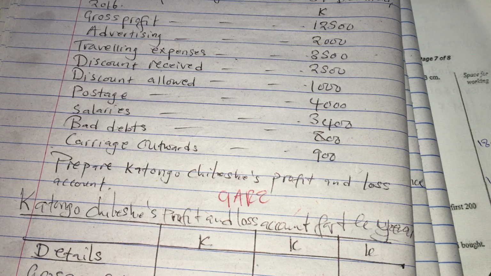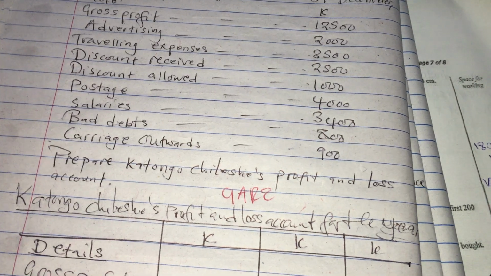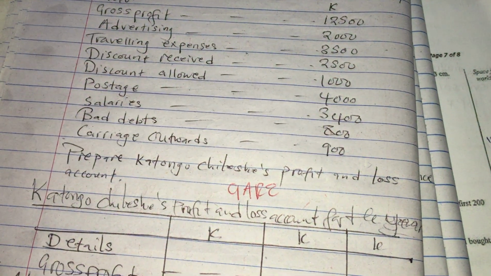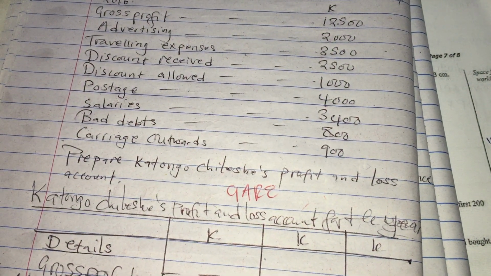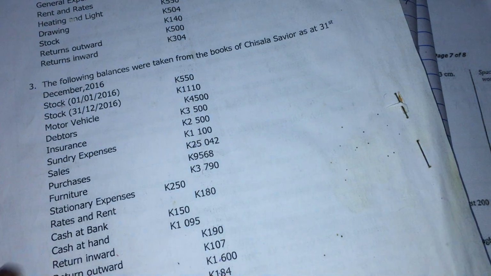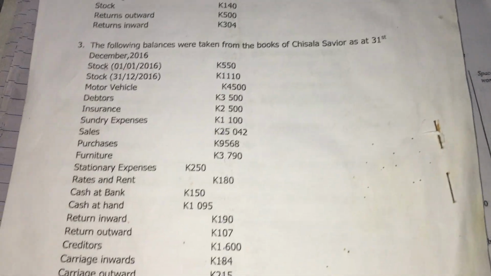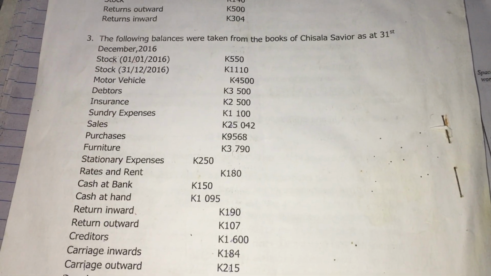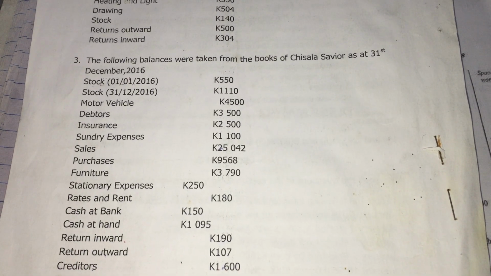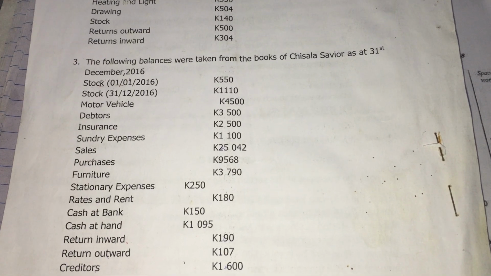So this is how the trading and profit and loss account question should be handled. This is how a question usually comes in papers. It says the following balances were taken from the books of Chisala Xavier as at 31st December 2016.